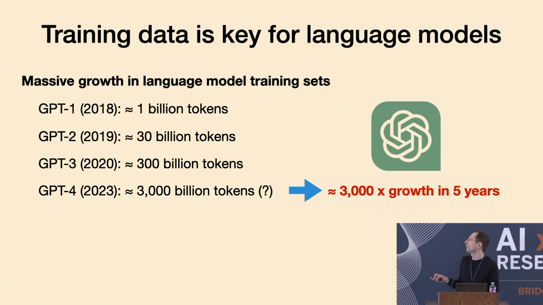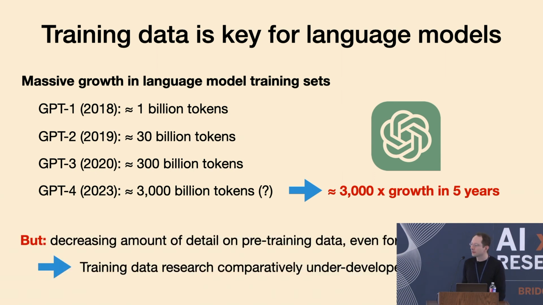GPT-3 was trained on 300 billion tokens, and then GPT-4, things stopped being public, but there are some rumors, and a reasonable number is that this is by now in the trillions of tokens. For instance, Llama 3 was also trained on 15 trillion tokens. So overall, this has grown by about 3,000 in only 5 years, and yeah, scaling the training data sets has been a key driver of progress here.